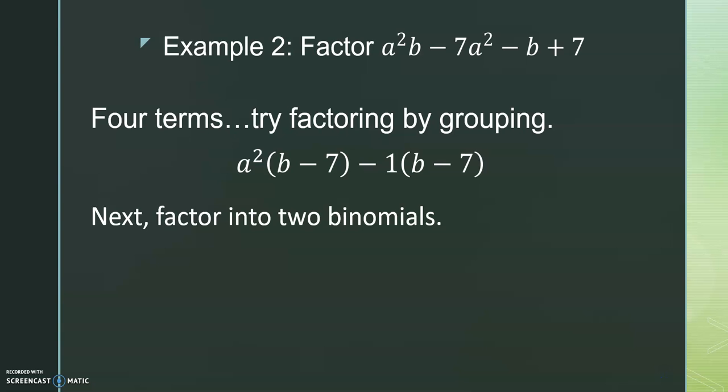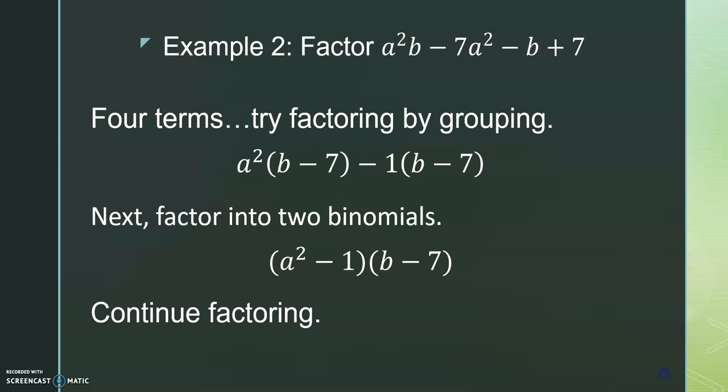Now factoring into two binomials, a squared minus 1 times b minus 7. And we need to continue factoring because a squared minus 1 factors into a plus 1 and a minus 1. A plus 1 times a minus 1 times b minus 7 is the factored solution.